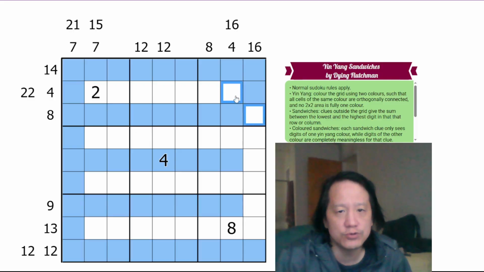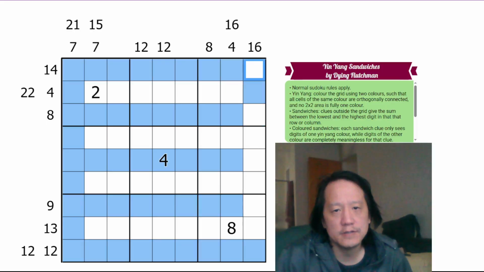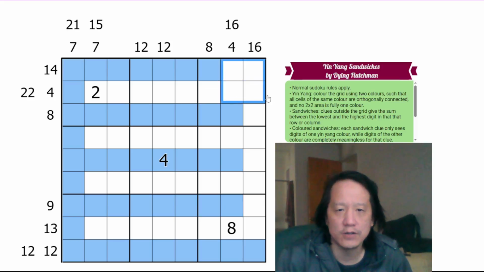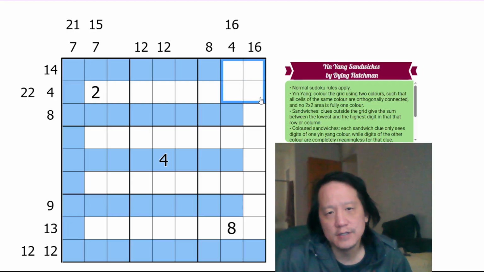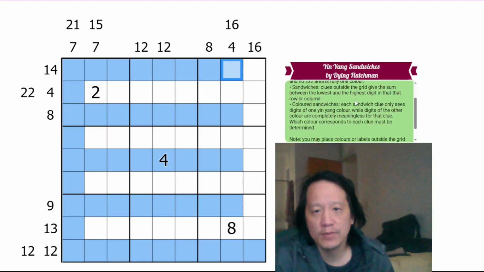It has to go through a corner or cross into the other region, which is not allowed. And this is not valid as a yin-yang shading because we have a 2x2 area here which is all the same color. It's all white. So that's how yin-yang shading works.